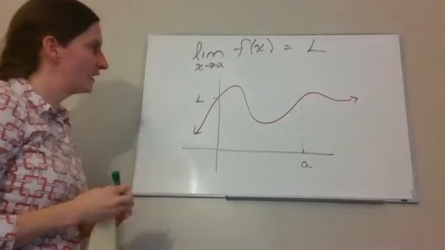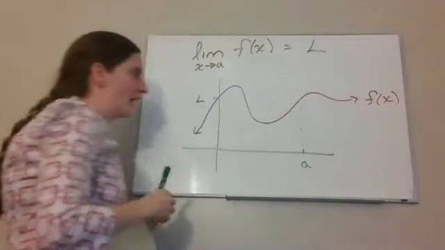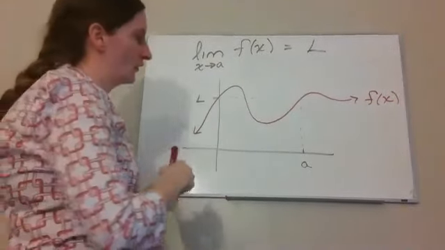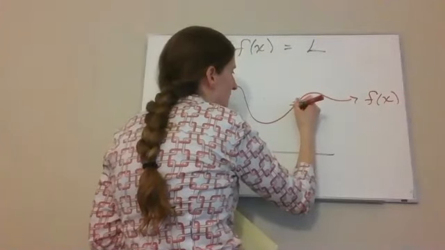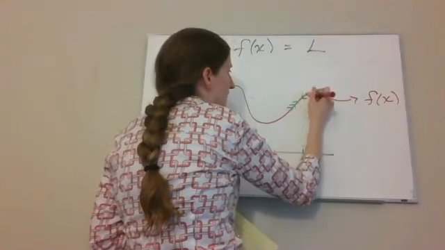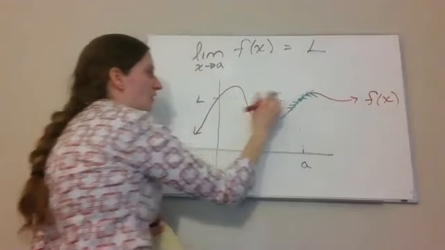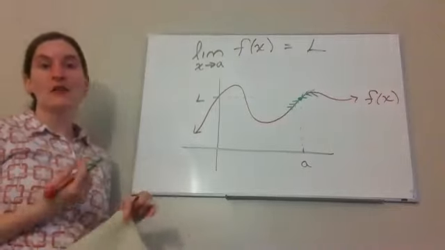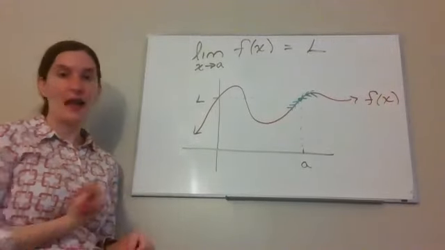And now we can see from this function, I'm going to call this function f of x, that as I get closer and closer to this value A from both sides, the y value of my function gets closer and closer to L. So we're saying the behavior of the function near A is L.